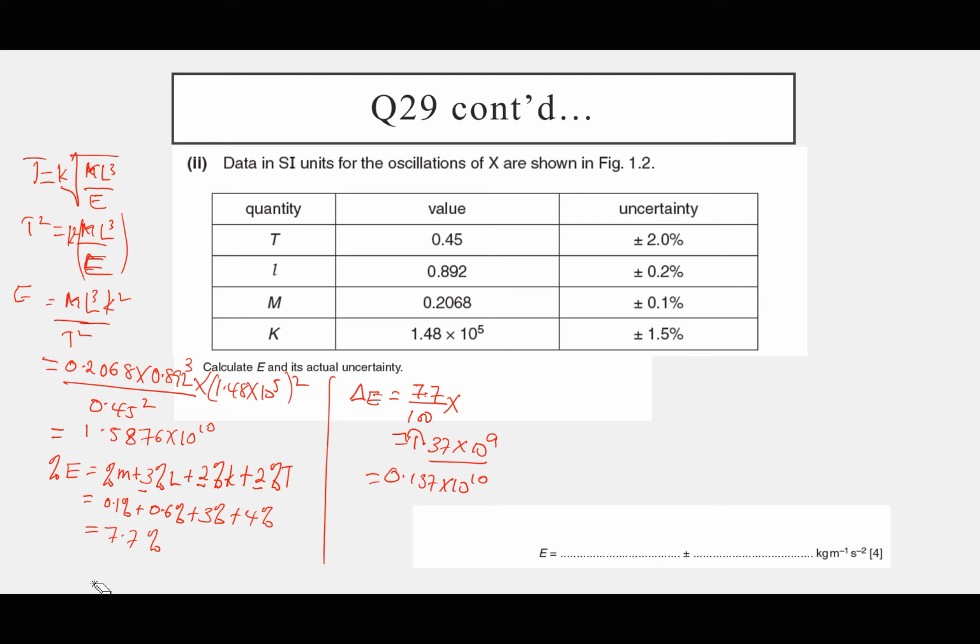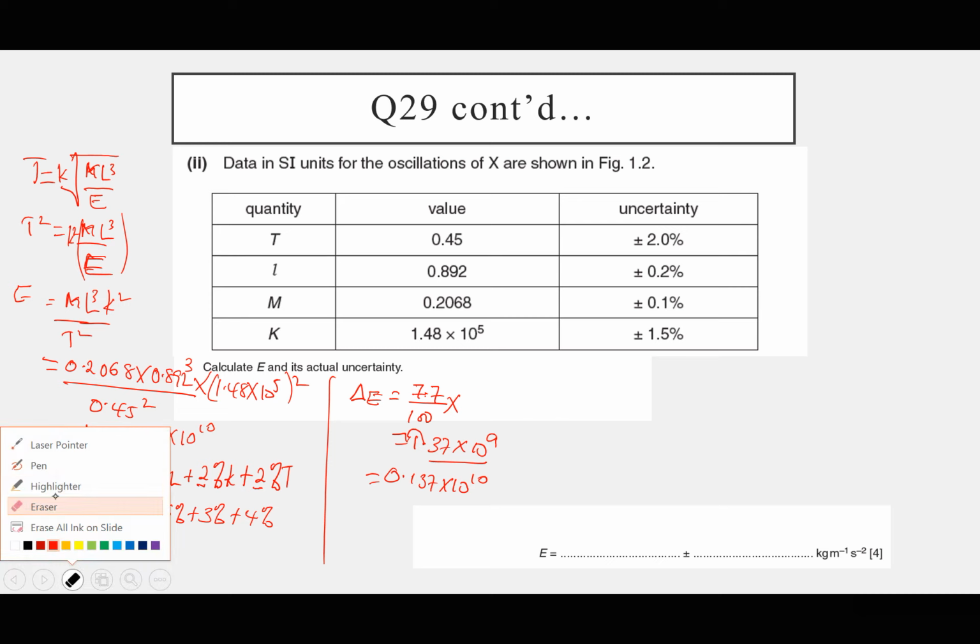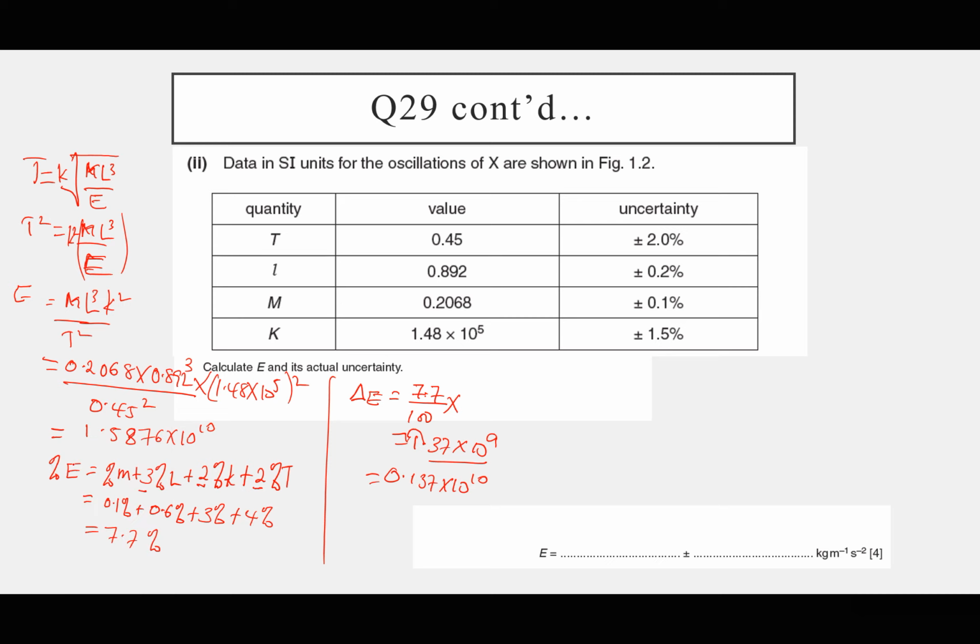Of course, this does not affect the percentage uncertainty, so there is no need of checking it. So this would be 1.5876 times 10 power 10 times 7.7 divided by 100.